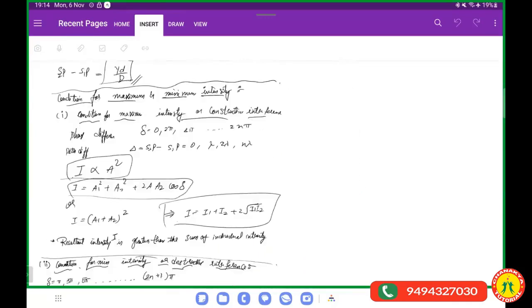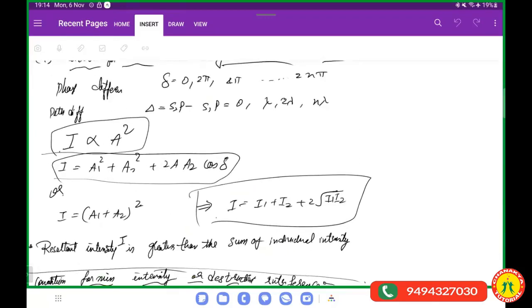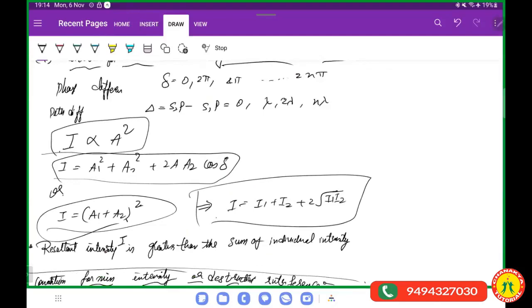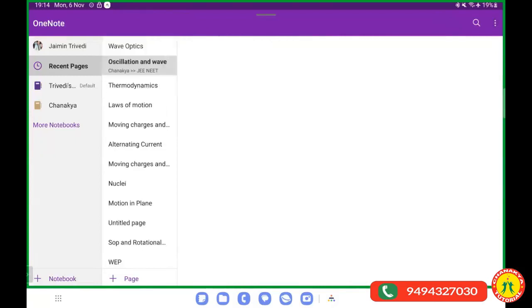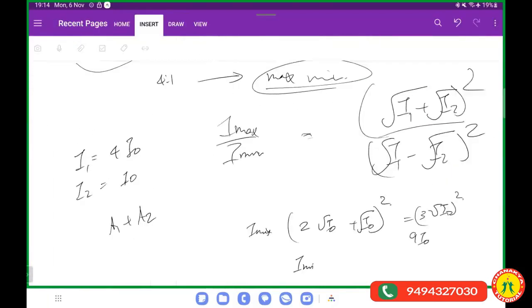I'll show you that relation. So I1, yes, sir, this one, they are under root. Okay, fine, whatever.